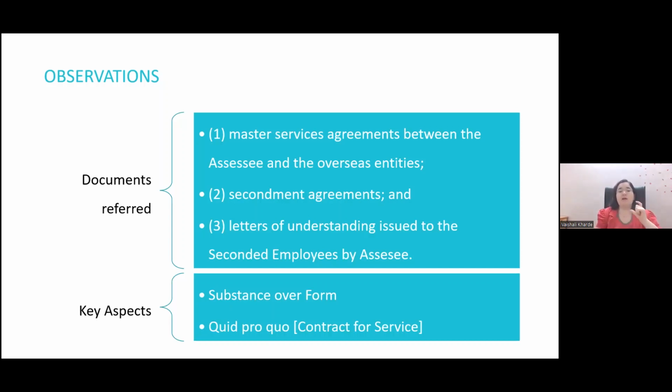As per the decision, the apex court has said that the Indian company is getting skilled employees, that is the benefit from the overseas company to the Indian company, and hence it is a contract for service and not a contract of service.